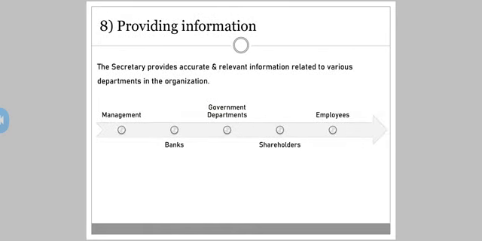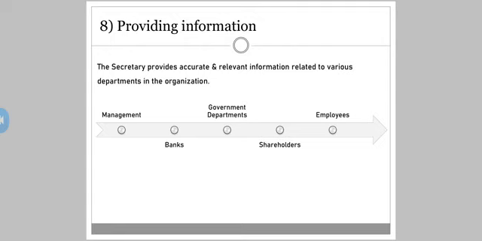Coming to the 8th point, which is again quite similar, providing information. The secretary provides accurate and relevant information. Accurate means correct. Relevant information means proper, to the point. The secretary provides accurate and relevant information related to various departments in the organization. It's a duty of a secretary to have a proper check.